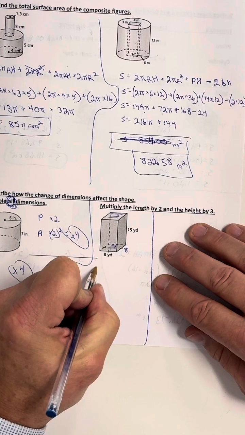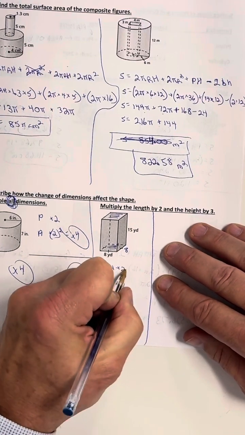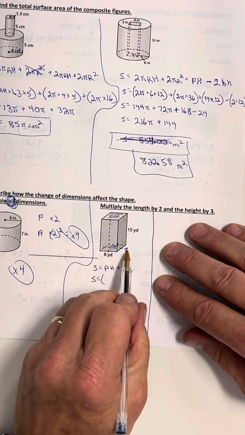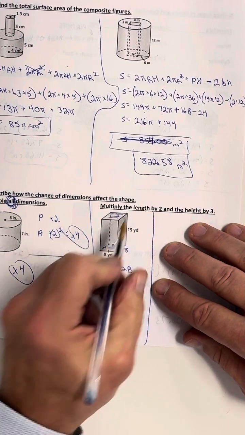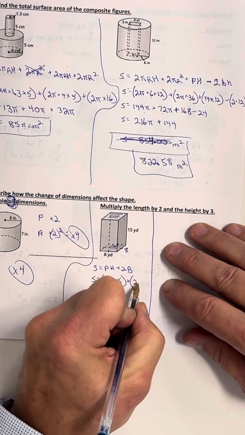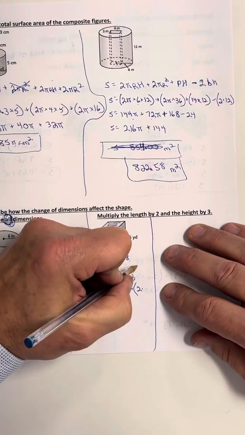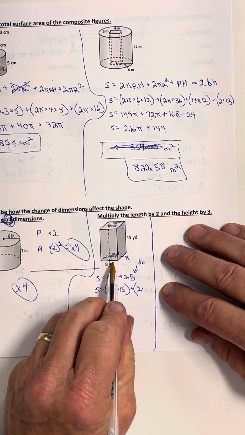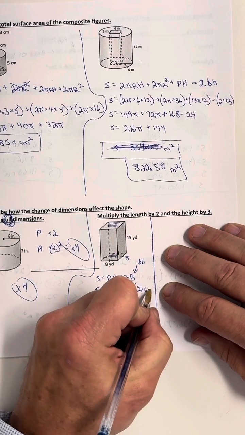So the total surface area is equal to PH plus 2B. Surface area is equal to the perimeter of the base, 8 times 4, which is 32, times the height of 15, plus 2 times the area of the base. What goes in place of the big B? The little bh, because it's a square or rectangular base. So that'd be 8 times 8, 64.